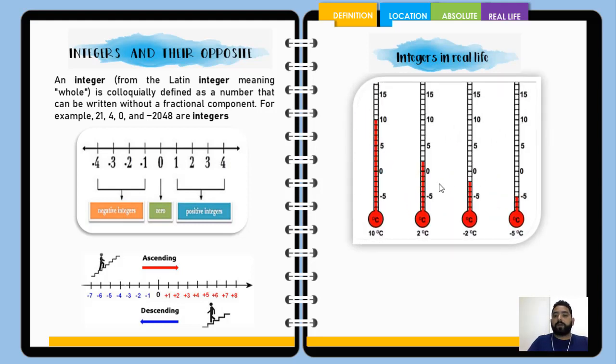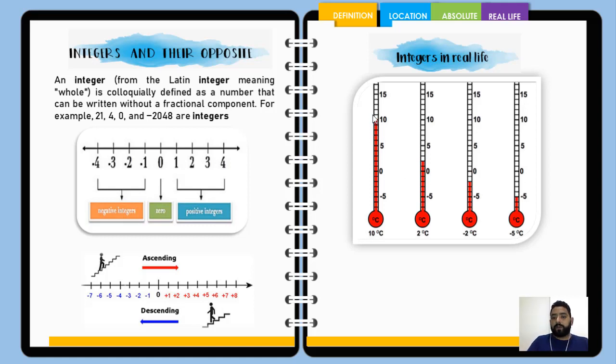Now, I'm going to give you some examples about integers in real life. For example, you can find integers in thermometers. Here the thermometer shows 10 degrees Celsius. This thermometer is 2 degrees Celsius. This one is -2 degrees Celsius and this one is -5 degrees Celsius.